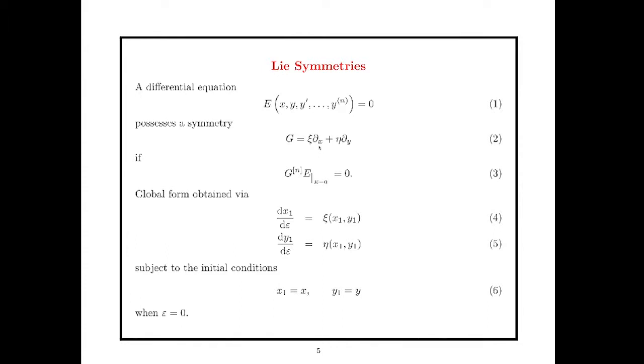If you have the infinitesimal transformation, it's rather easy to obtain the global form or the finite form of the transformation. You just have to solve this system of equations. If you solve this system of equations subject to these initial conditions, then we'll have x1 as a function of x, y, and epsilon, y1 as a function of x, y, and epsilon, and rather interestingly, these transformations then form a group.